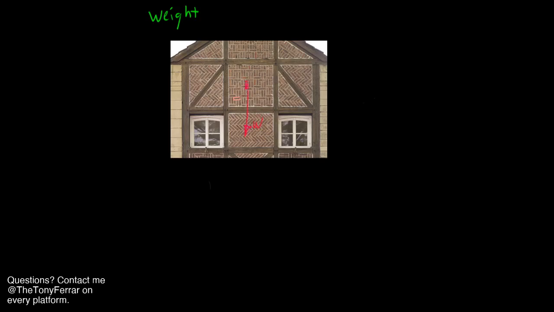We could have a weight and it has an XY location. If we found the average location of all the bricks, we would discover the centroid. And if we found the weight by adding up all the bricks, we would find the weight of this section of the wall, which is what the beam below has to hold up.